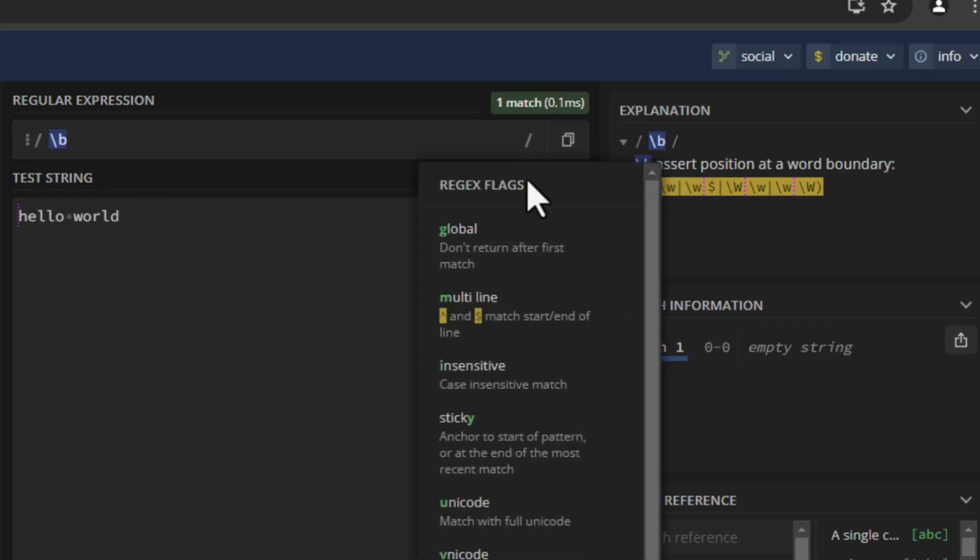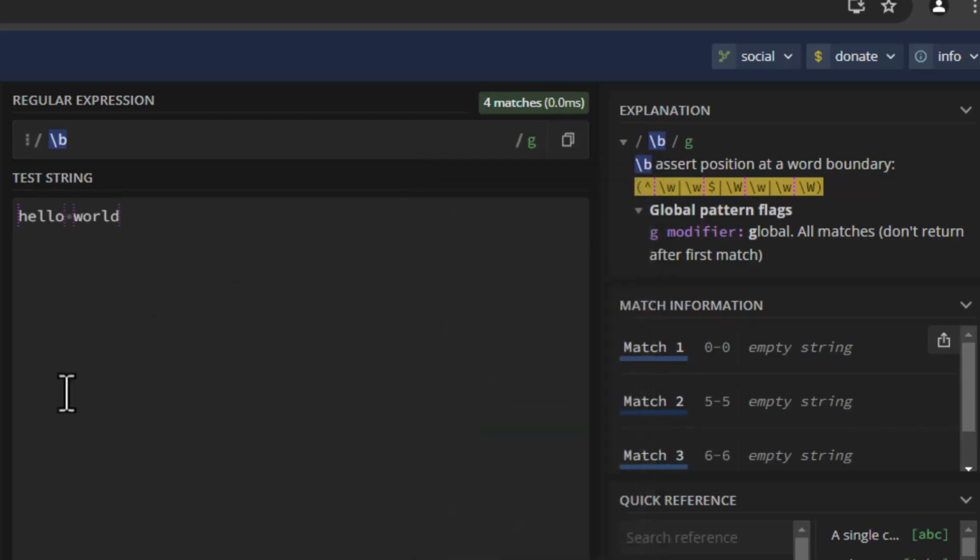And if I open the global flag, and remember we are getting 4 matches because this is a word boundary assertion. It matches any place where a word is starting or ending. So it is capturing all starts and ends of a word. If I remove this and just leave ABC here, then it's going to have 2 matches at the word boundary, right? I hope that makes sense.